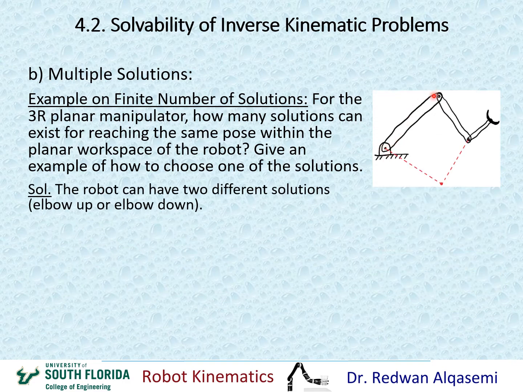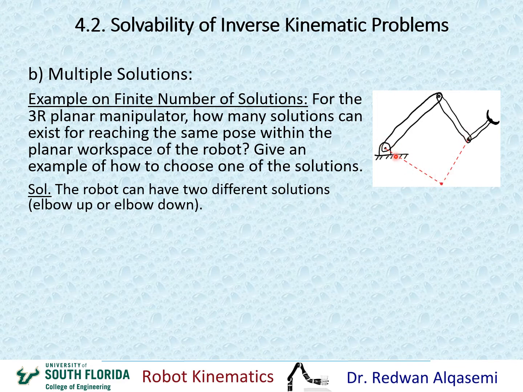Okay, now let's look at this. This is a 2R or 3R robotic arm. Okay, we have 3 joints, joint 1, joint 2, and joint 3. And if you see here, the end effector is right at this point. Without moving the end effector at all, I can have this solution when the elbow is up, and then I can have another solution when the elbow is down, which you can see here in the red dotted line.